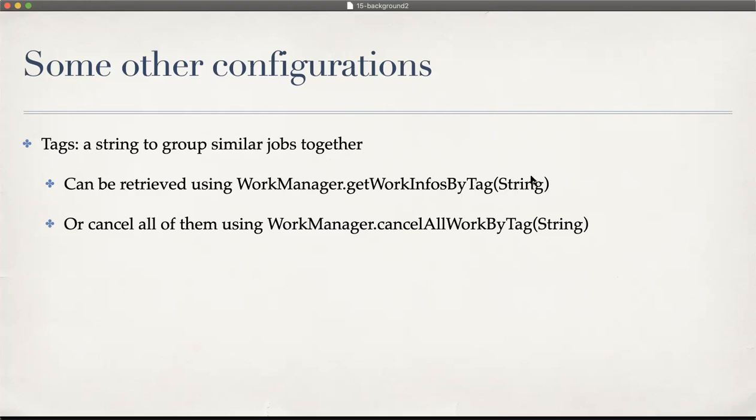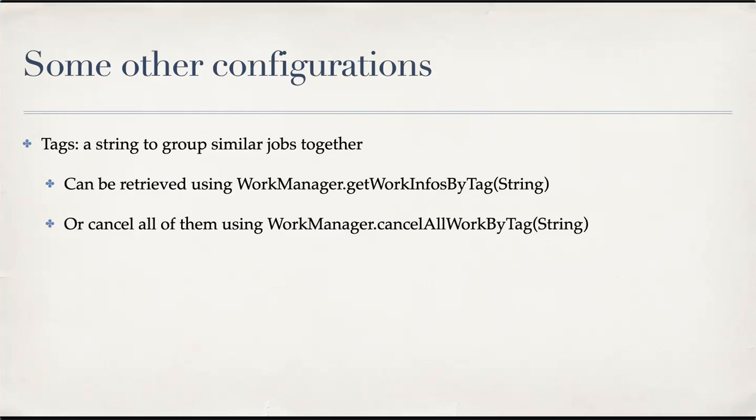But for tag, you can send a string and get a list of all the work infos that are associated with the tag. Then you can check status of each one of them and decide an appropriate action. You can also simply cancel all of them. So, for whatever reason, I don't want to do these tasks anymore. Call cancel all work by tag, and all of those will just go away, right?